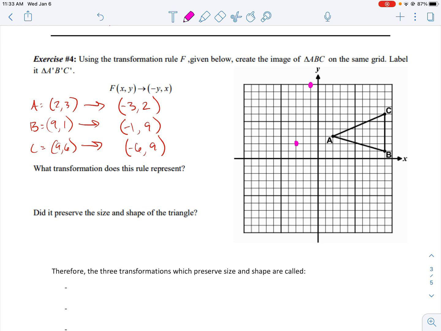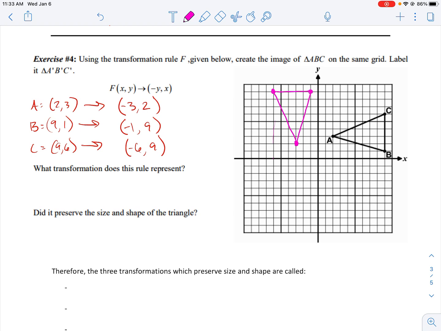And then C is -6, 9. Whoops, that's 10. -1, 9, and then -6, 9. Okay? So there's our new triangle.